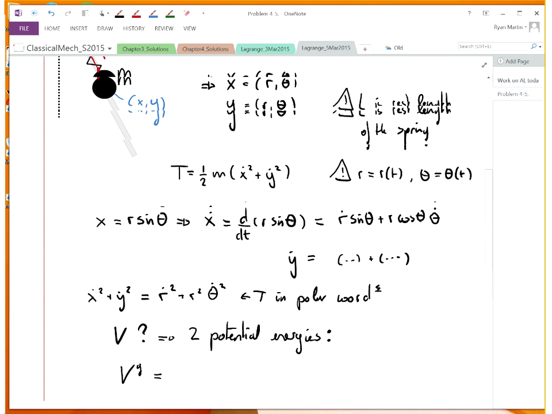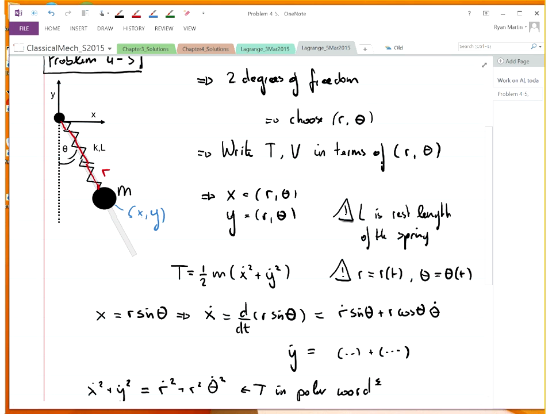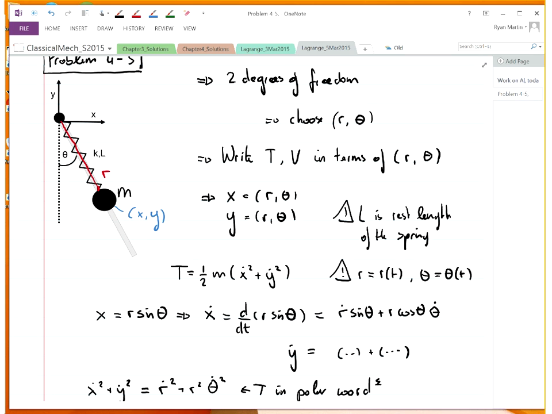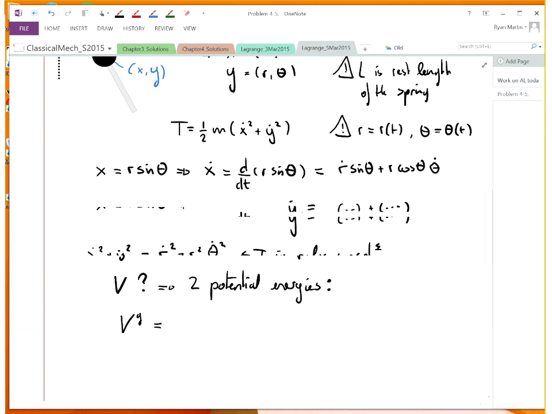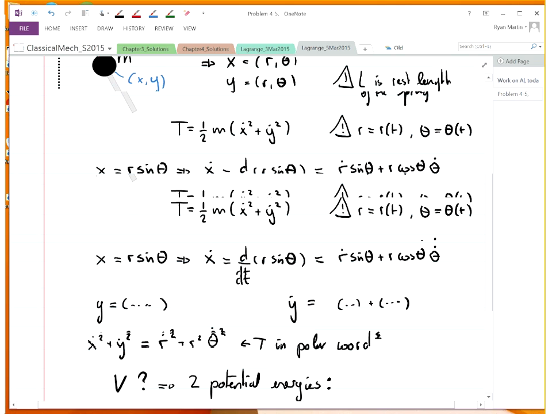So in this case, we're well behaved, so the y-axis points up, and so the bigger y is, the bigger the potential gravitational energy. So the gravitational potential energy is mgy. So you need to know what y was in terms of, probably minus r cos theta, right?